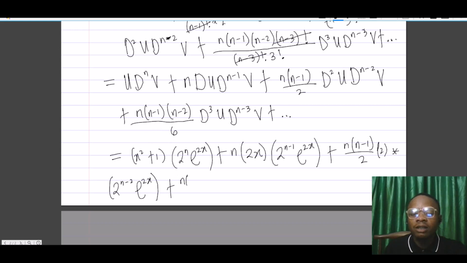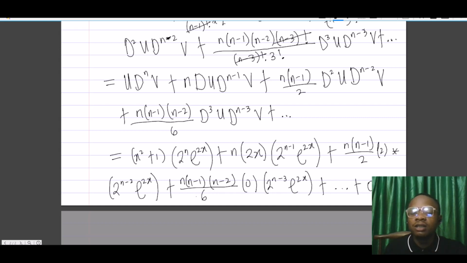This is n into n minus 1 into n minus 2 divided by 6, then multiply by the cube u. The cube u, that's derivative of 2, which is 0. Then we have this to be 2 to the power of n minus 3 e to the power of 2x, and then plus and so on, we know all of this will just be 0.